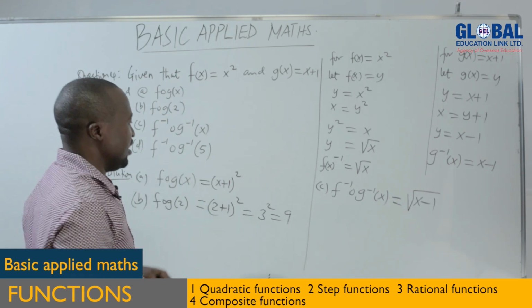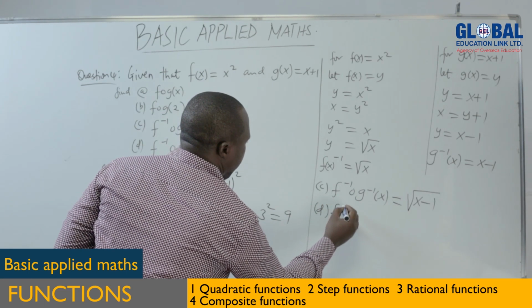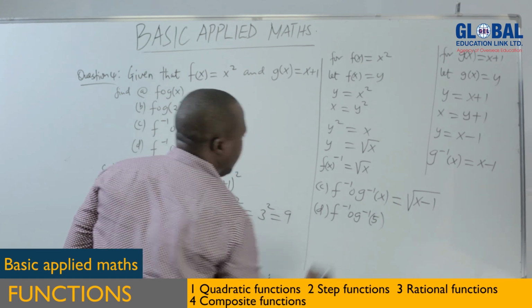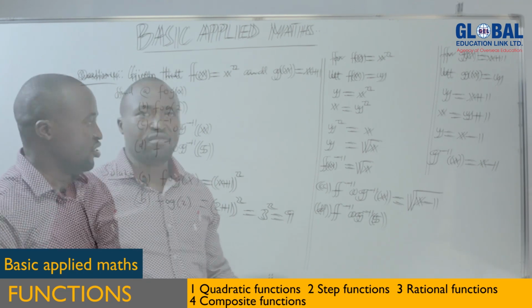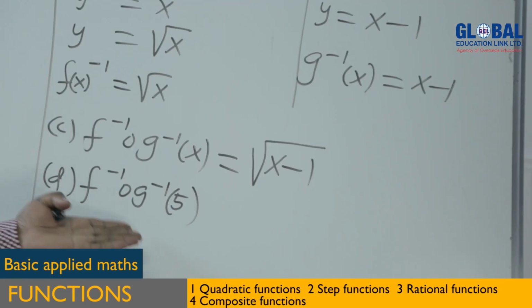Now D says f inverse of g inverse of 5. That means we substitute x is equal to 5. So here we are going to find f inverse of g inverse of 5.